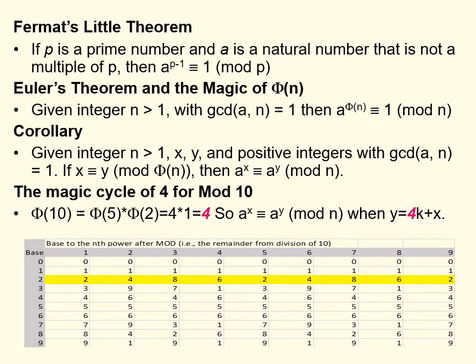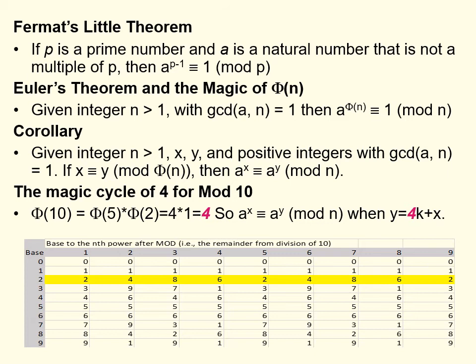If you look at the numbers below 10 that are co-prime with it: 9 is. 8 is not co-prime because they have the common factor of 2. 7 is, because 7 is a prime number, so definitely co-prime with 10. 6 is not, because all the even numbers have a common factor of 2 with it. 5 is not, because 5 is a divisor of 10. 4 is not, 3 is, 2 is not. So you only have 9, 7, 3, and 1, right?